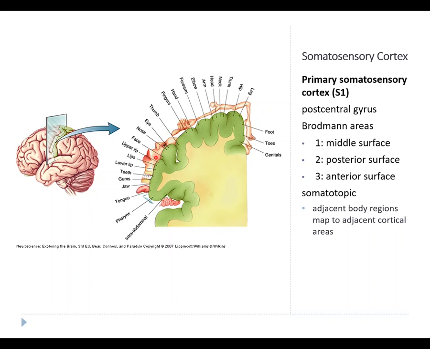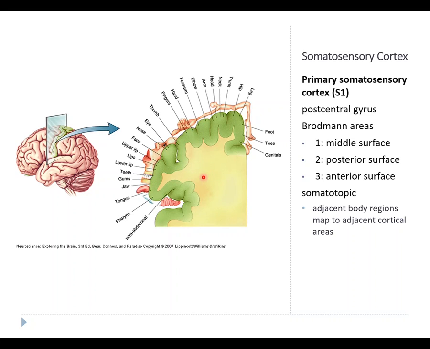But still within that region you have somatotopy. So the area of skin around the eye is represented in this part of the cortex, which is right next to the area of cortex that responds to the nose, which is right next to the area that responds to the lips, and so on. So that's what this map is for.